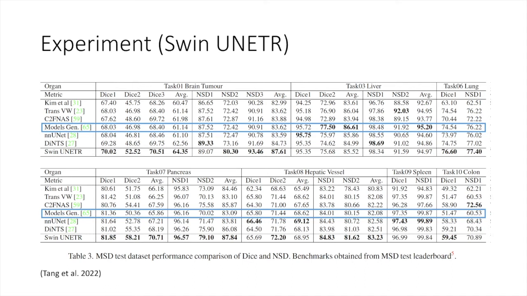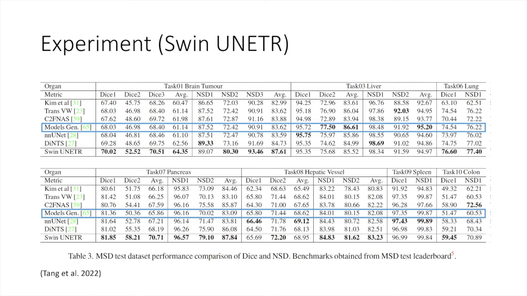This table shows the performance of Swin UNETR compared to the other models when evaluated on the MSD dataset. Kim et al. use a self-configuration method mentioned previously, and they call it Neural Architecture Search, or NAS. TransVW is from the same lab as Models Genesis, and also uses self-supervision similarly to its Models Genesis brother.